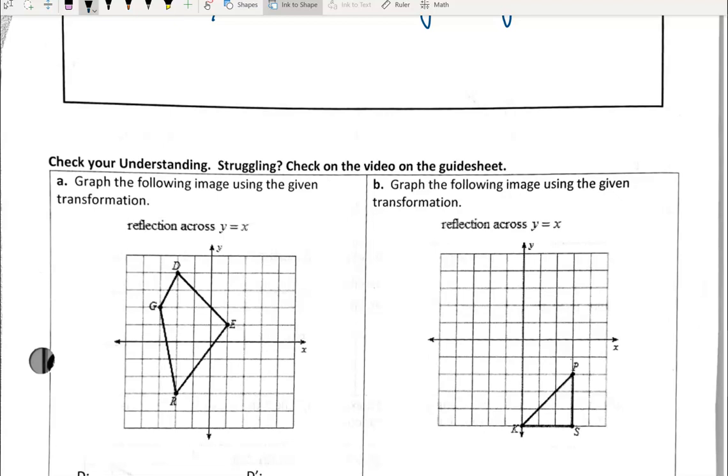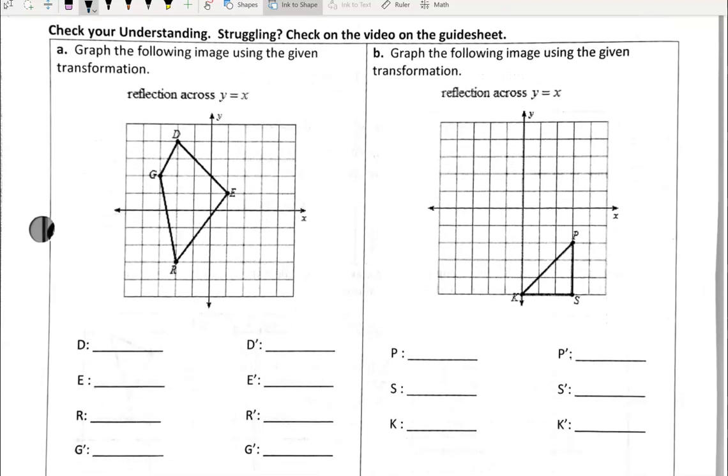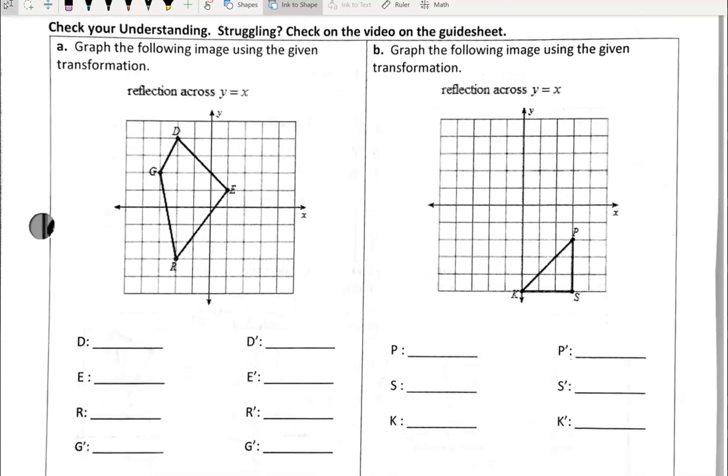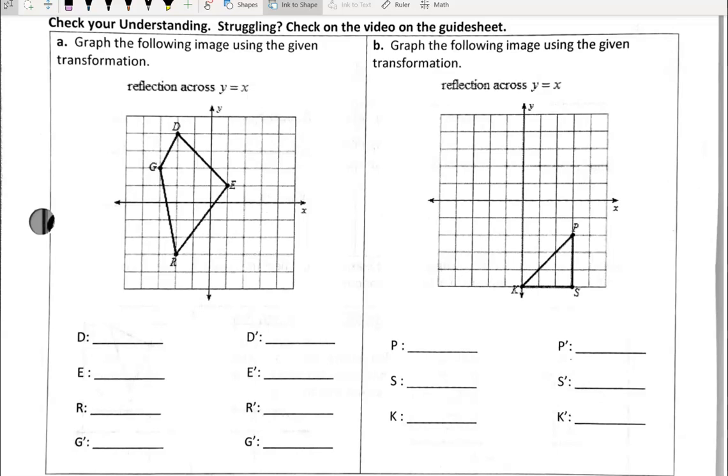All right, so let's take a look at one example, and then I'm going to let you finish the rest on your own, and you can check your answers with me as you go. So for part A, we want to graph the following image using the given transformation, reflect over y equals x. So here's my line y equals x. I'm going to draw that in just so I have a visual.